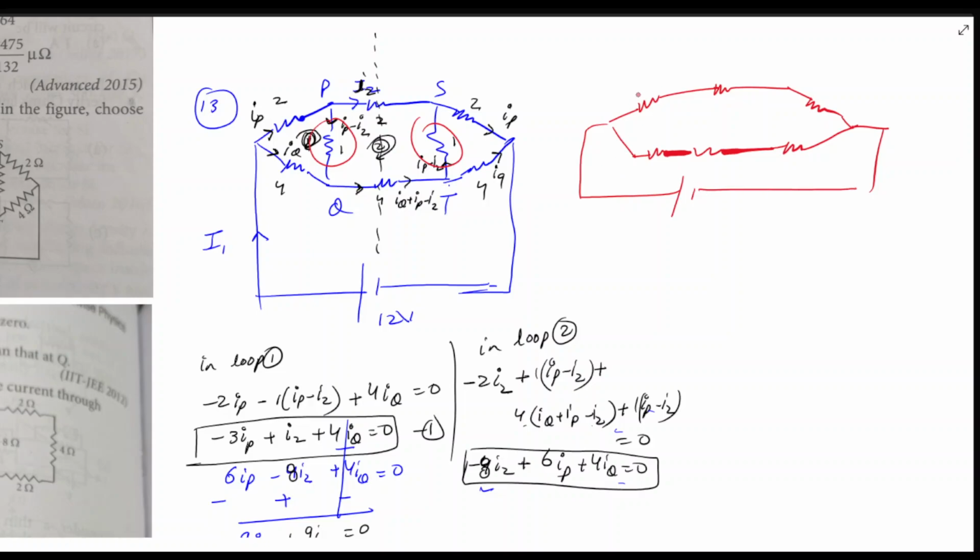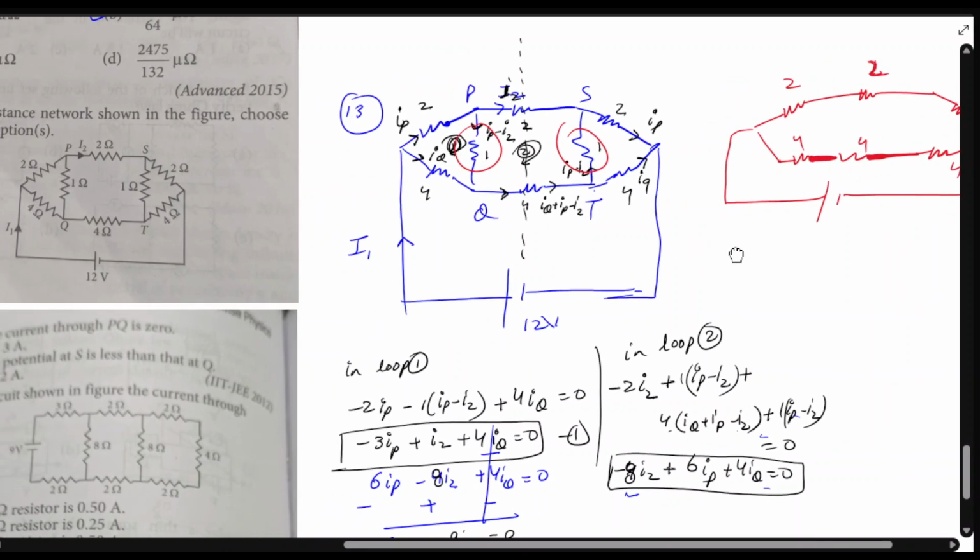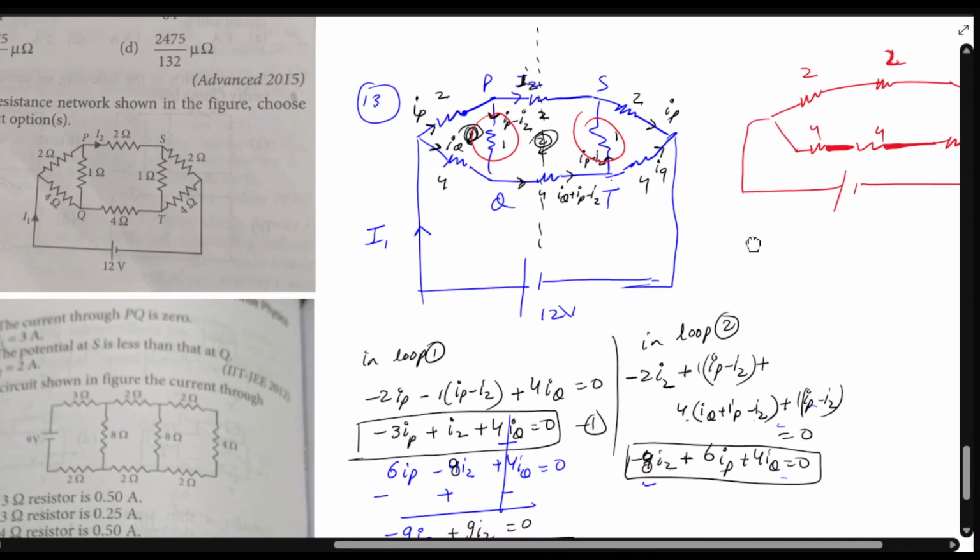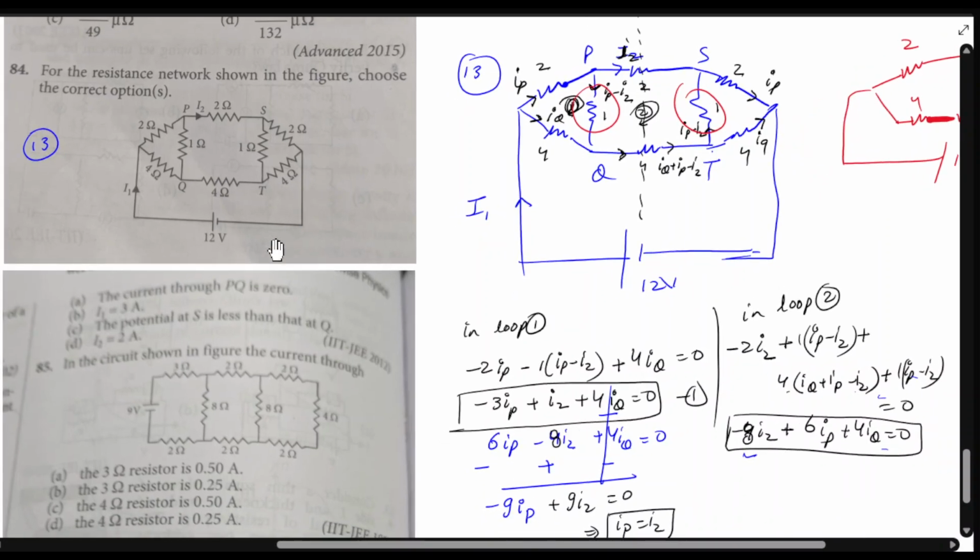Okay, now it's easily solvable. Oh no, this was 2, this was 2, this was 4, 4, and this is 4, right? Perfect. So in PQ and ST, the current is 0. So A option is correct. So in PQ, 0 current.